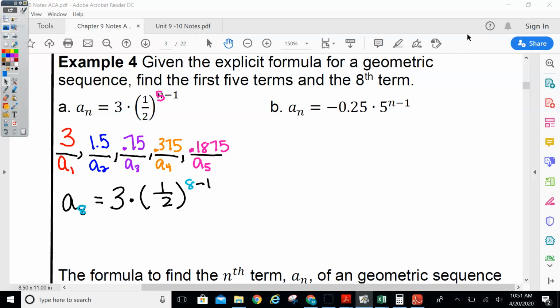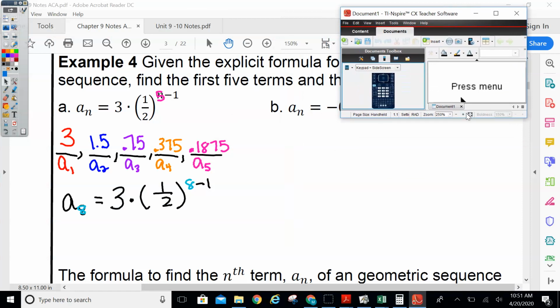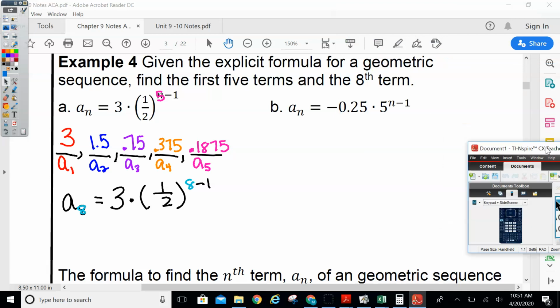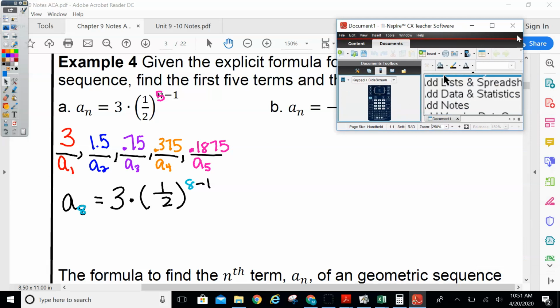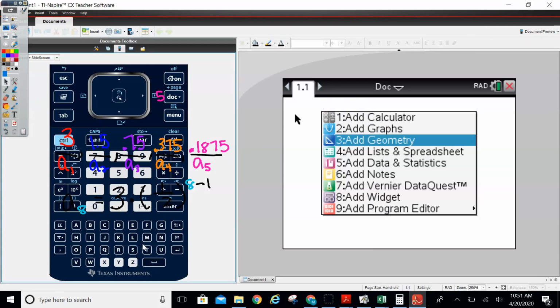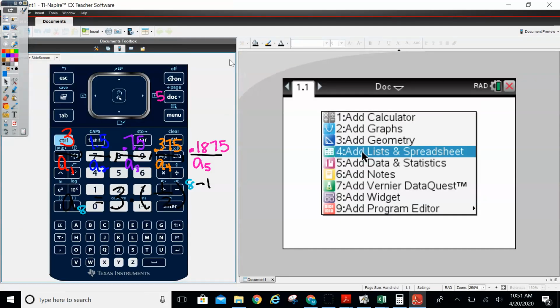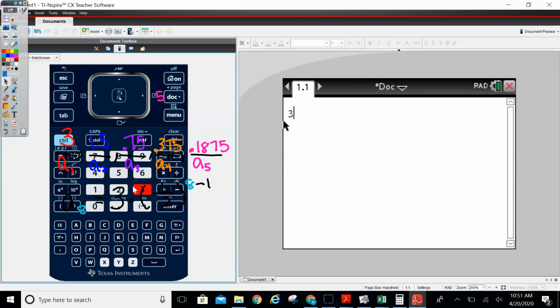So let me pull up the Inspire. I just want a calculator page.